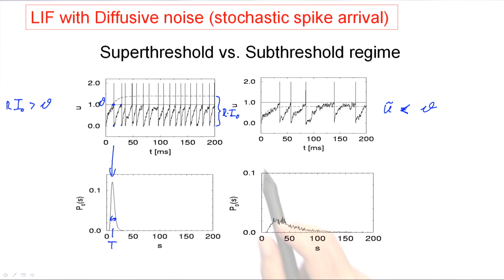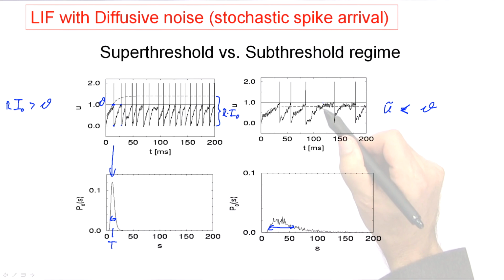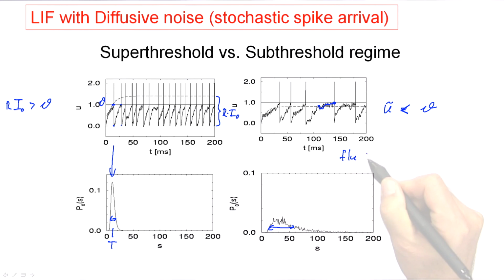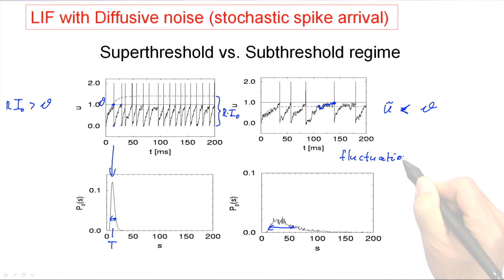On the other hand, in the subthreshold regime, the interspike interval distribution is much, much broader. Without the noise term, there would be no spike at all. So it's these tiny fluctuations which make that eventually, from time to time, the membrane potential hits the threshold. Thus, spike firing is driven by the fluctuations. We call this the fluctuation-driven regime.